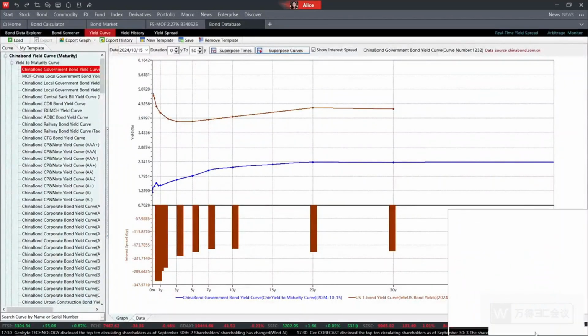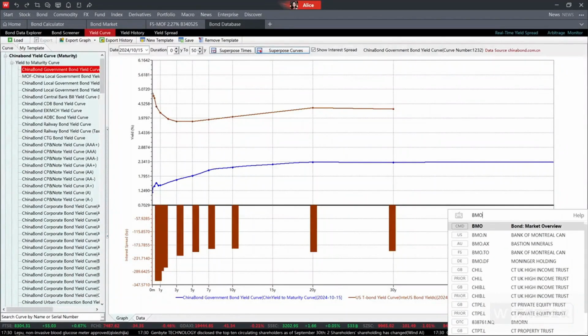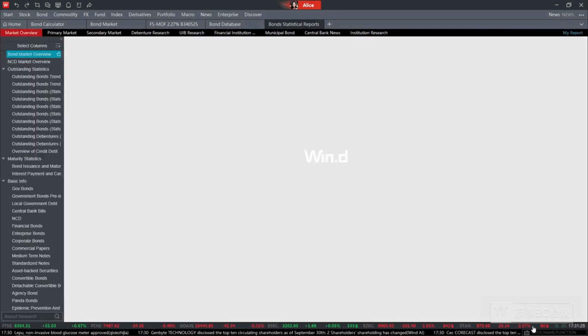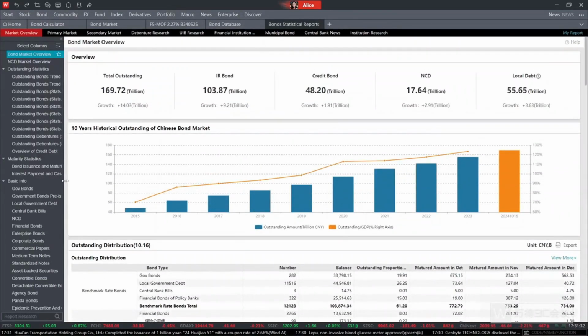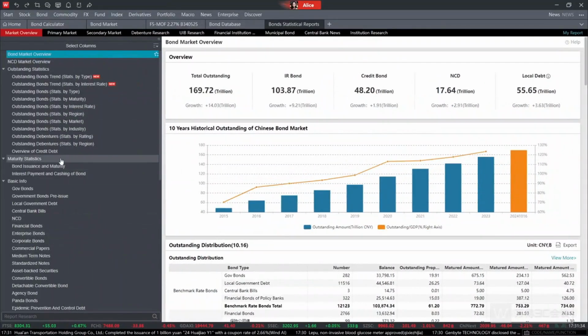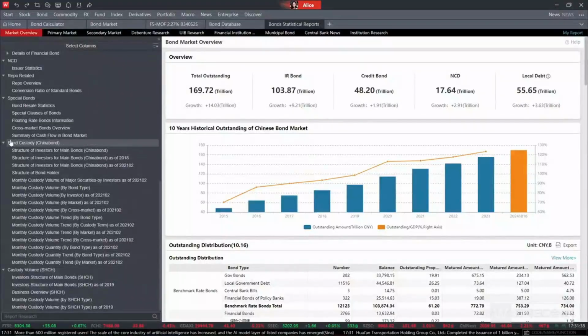Right now, we can go into the BMO sector, which is the bond market overview, which we have also introduced before. On the left-hand side, we provide several columns. If we scroll down, we can see one column called bond custody. This part is a good reference for the different institutional movements.